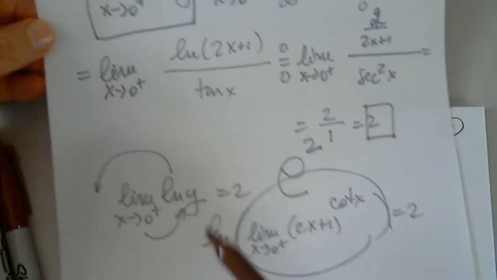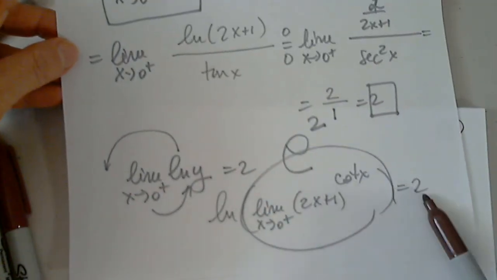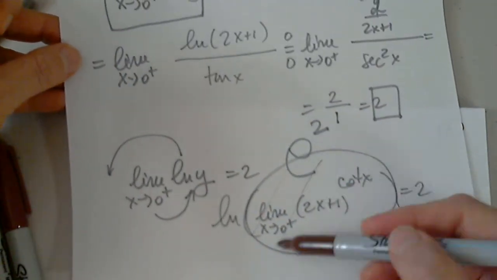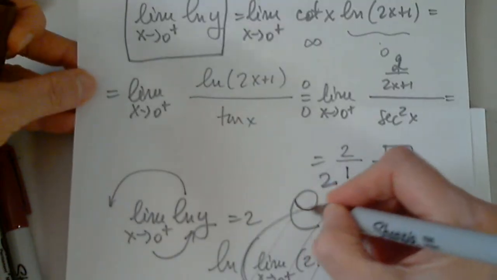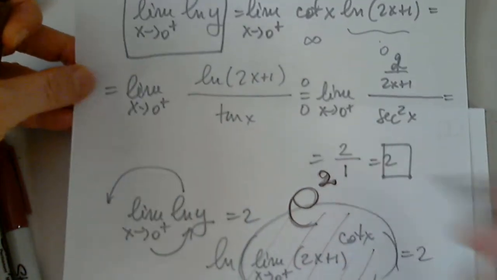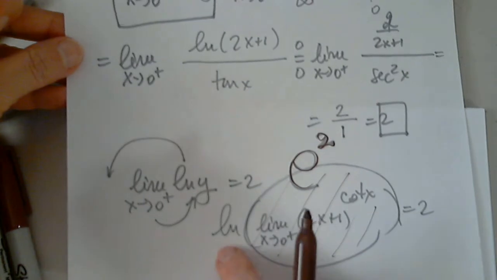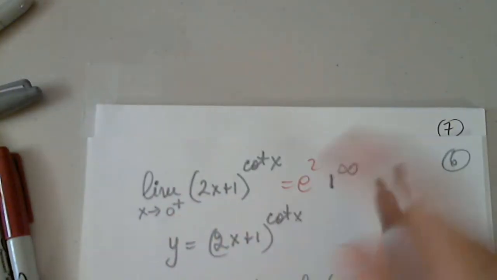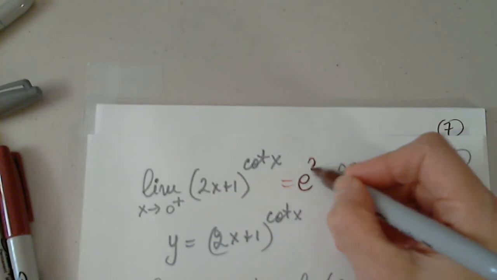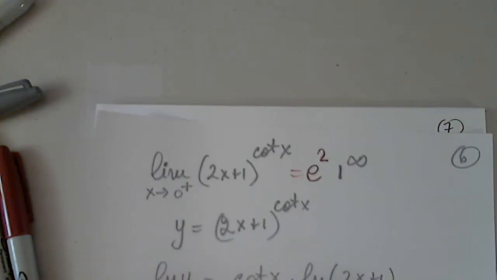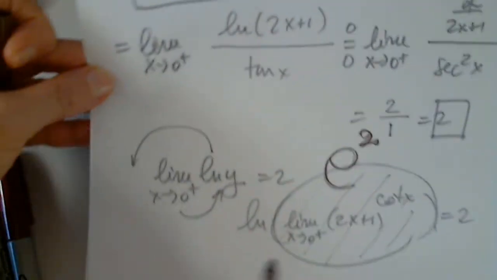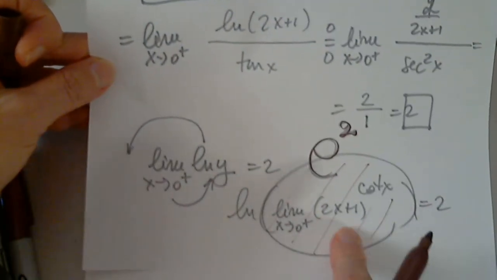So when you swap the operators, you have the natural log of the limit equals 2. This limit must be e squared. Oh, okay. Only natural log of e squared will be 2. So that's why I went back to the original limit that he gave me, and I wrote e squared. Got it. So 2 is the natural log of your limit.